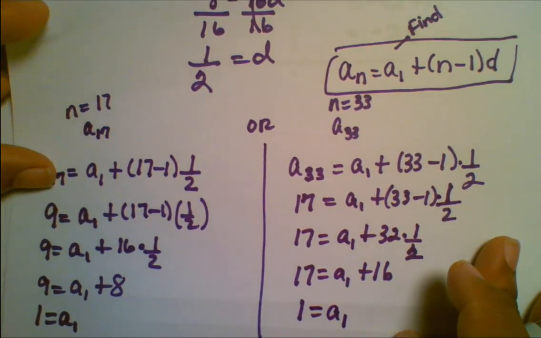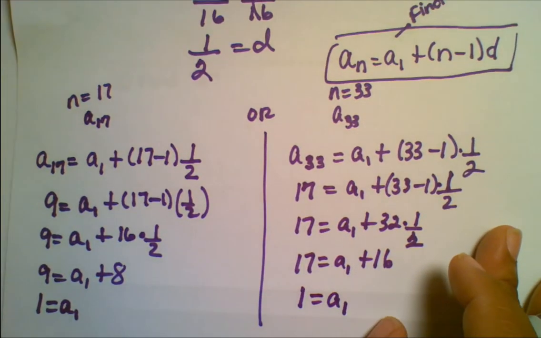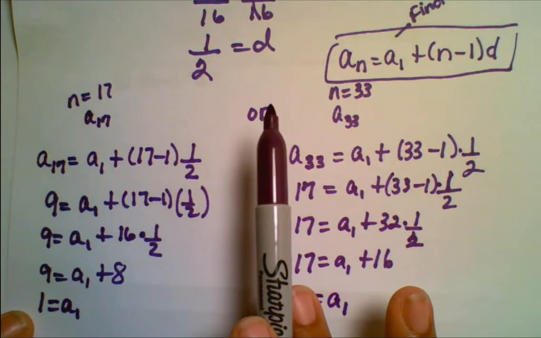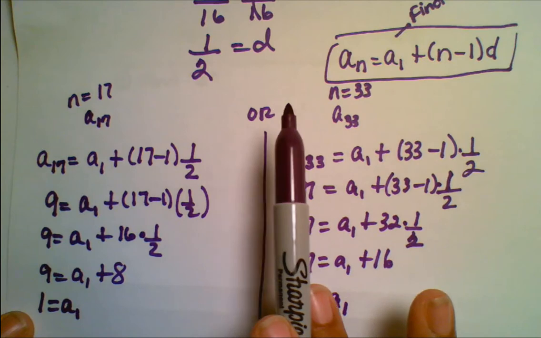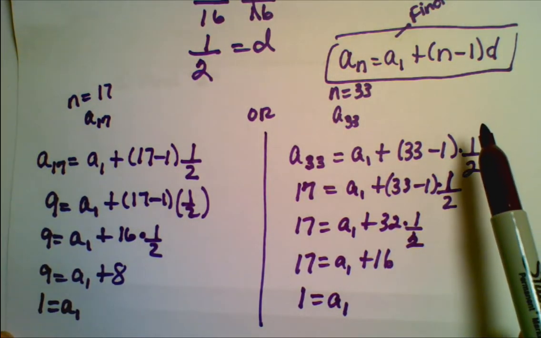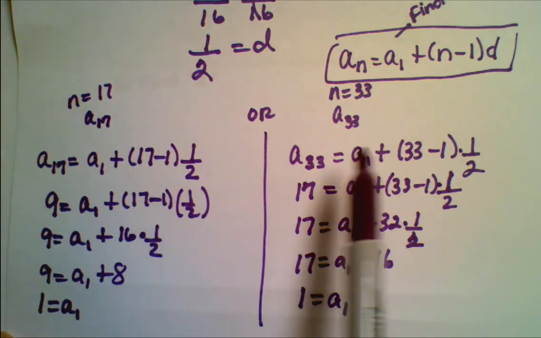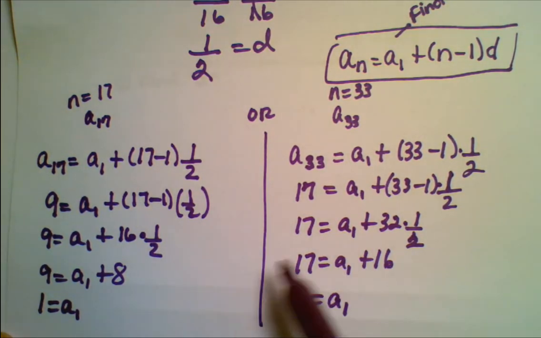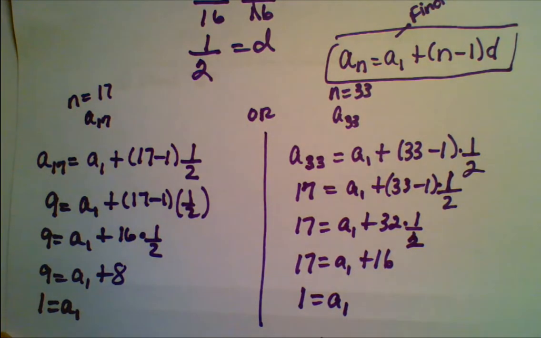So at the end of the day, to find a sub 1, we first have to find the common difference, which we did. We found D, and then you have two terms. Choose a term. It doesn't matter which term you use, because here again, I want you to notice that at the end, it gave us the same answer.